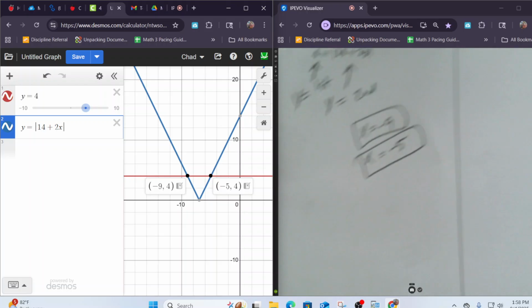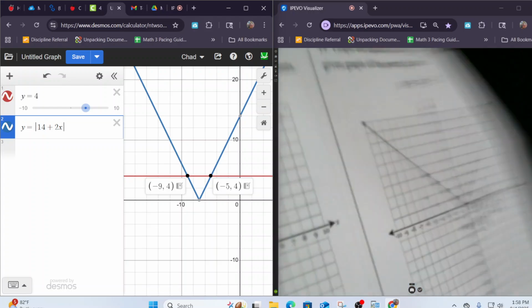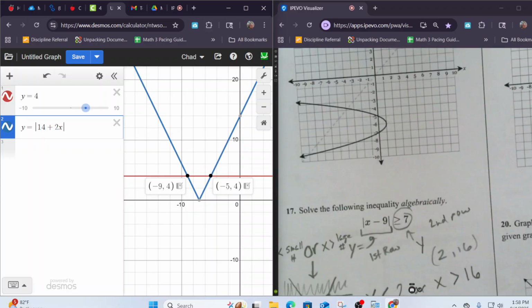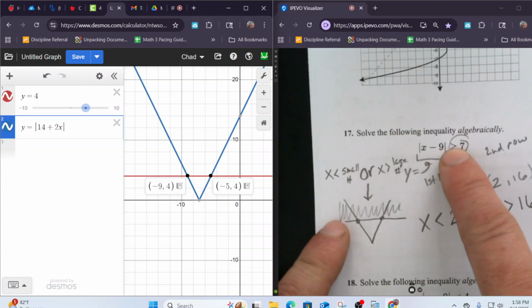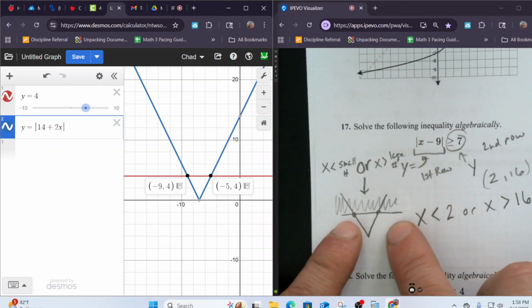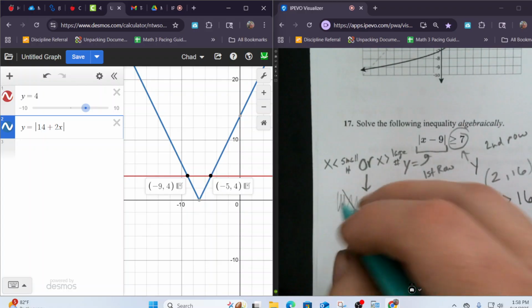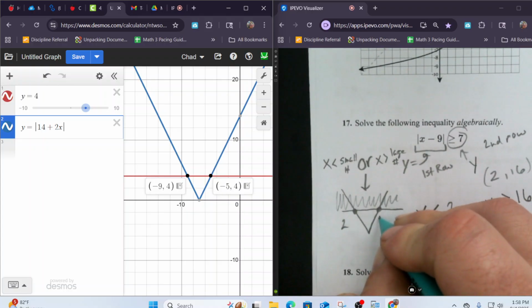All right. Guys, I'm not going to go over these. They're on the other video. But real quick, on inequalities, you can graph using Desmos. If you graph this one, this is what your graph looks like. The 2 legs are in the shaded region. The 2 numbers where they cross are 2 and 16.